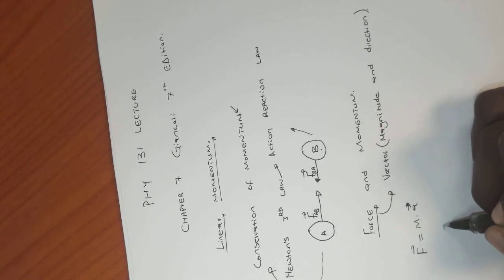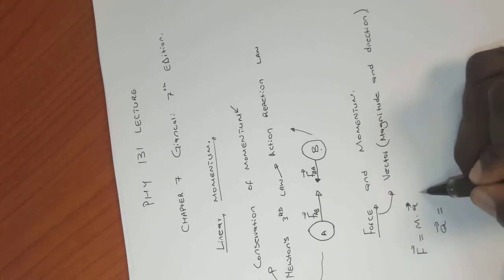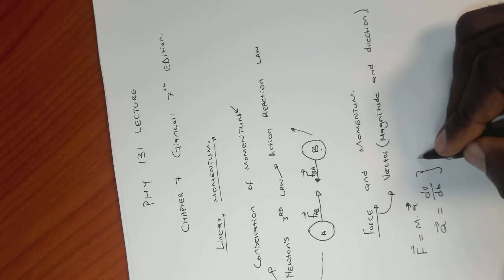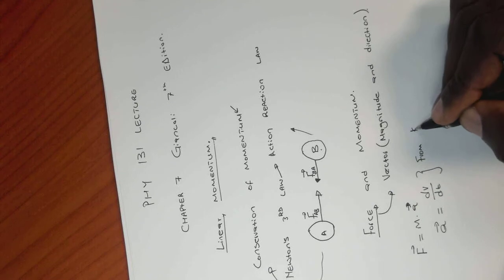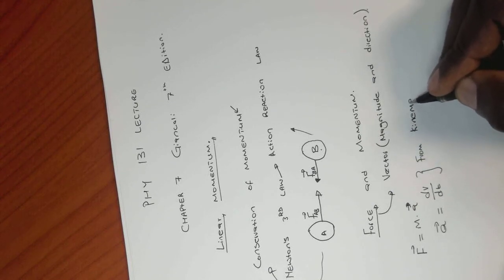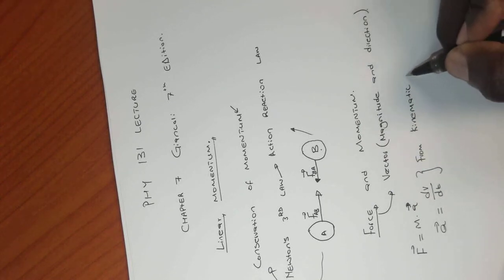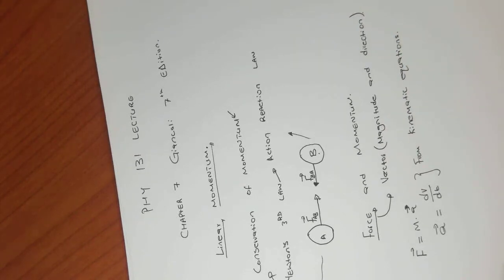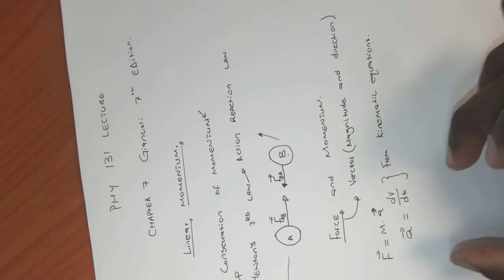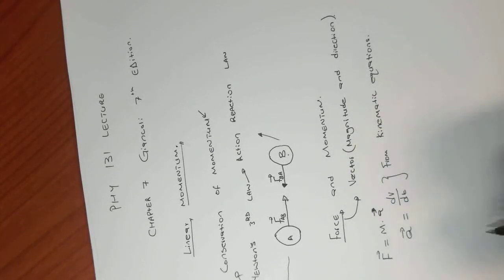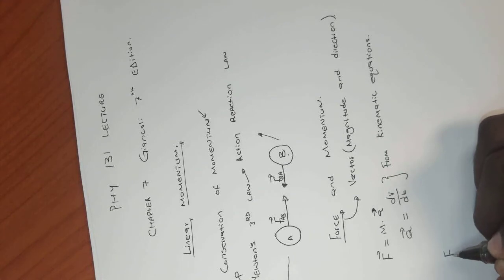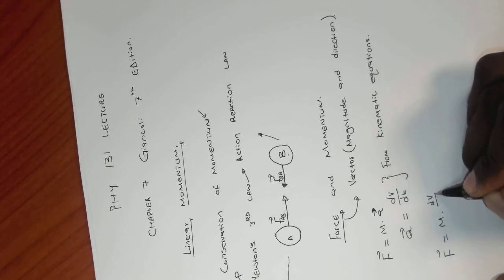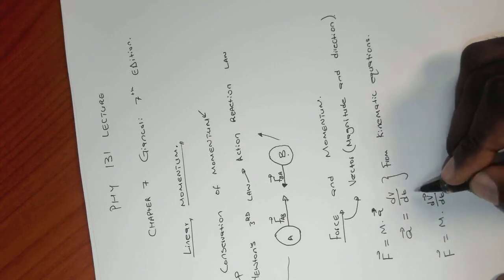We also know that acceleration equals dv over dt, from the kinematics equations. So we can substitute a in the second law, where F equals the mass multiplied by dv over dt.